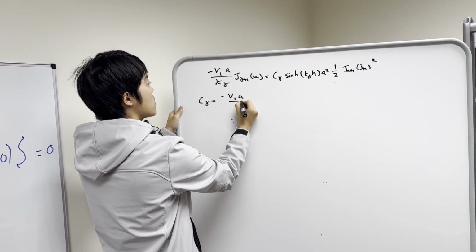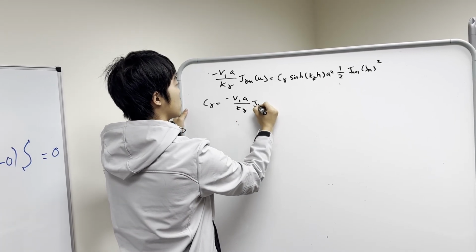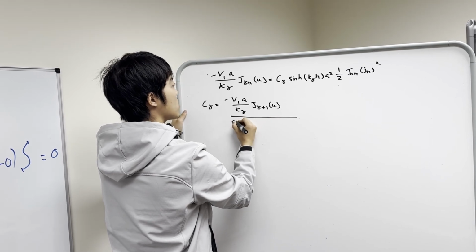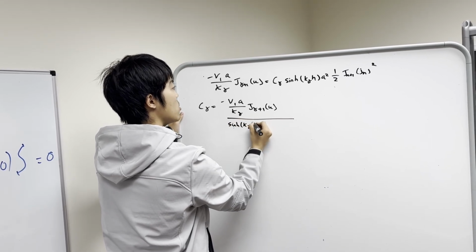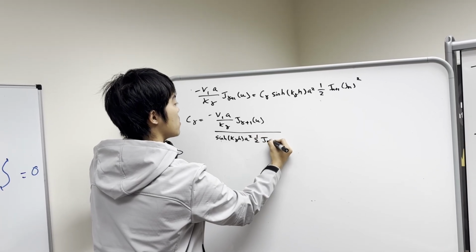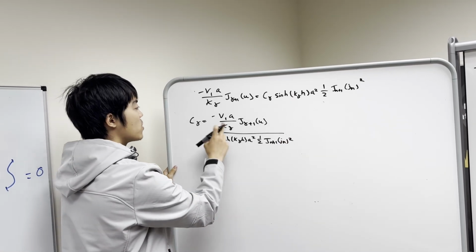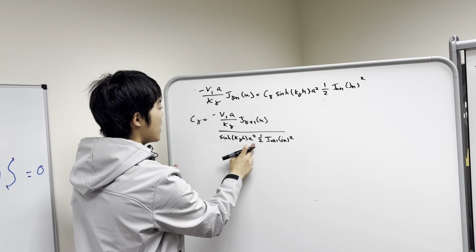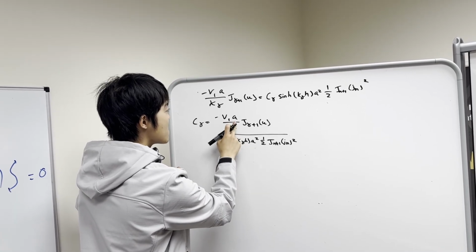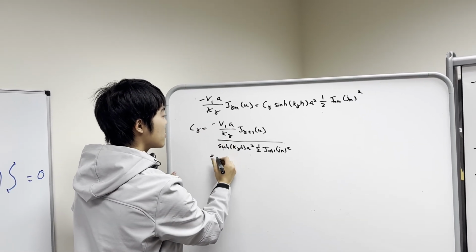So if we just divide both sides by this expression here to the right, we end up with this over sinh K gamma h a squared 1/2 Jn plus 1 Jn squared. We can move the 2 up here. The a maybe cancels there. I might have typoed a little bit earlier.